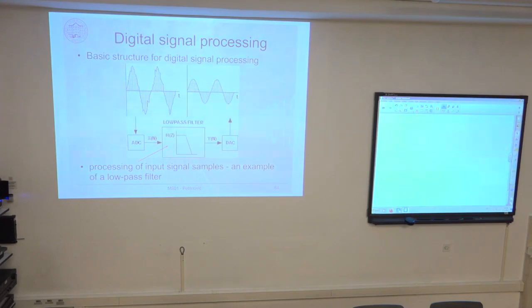So this is the basic architecture of any kind of digital signal processing chain. So we start from AD conversion, we have this processing part that processes this infinite sequence x of n and creates output sequence y of n, and finally, after conversion back to analog domain and after interpolation, we get the desired processed output.